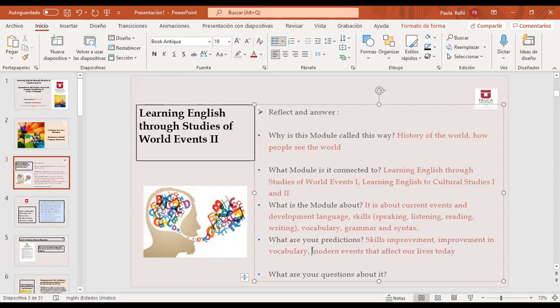Yes, critical thinking, exactly, because you will be in some cases in charge of looking for information that interests you, and you need to be critical when reading, for example, when listening, so as to not only learn vocabulary, grammar, syntax, recognize the message, understand the message, but also develop critical thinking, thinking how that event, that situation affects your lives, the life of the country in which we live, and how we are all interconnected.